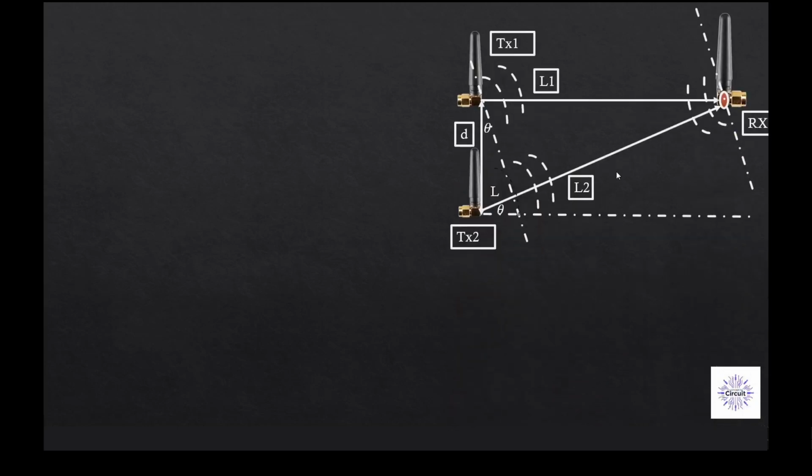Okay, what is beamforming? Beamforming is using the wave behavior of electromagnetic waves to add them constructively at the points that we are interested in, to create a beam when we are transmitting a signal from a transmitter to a receiver.